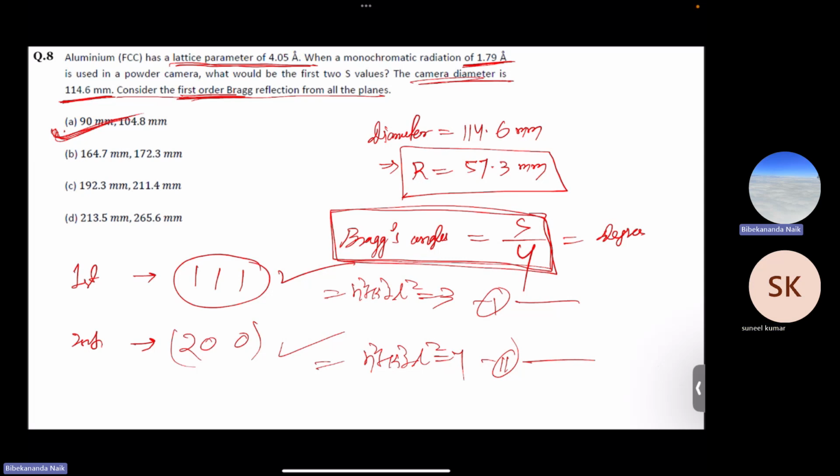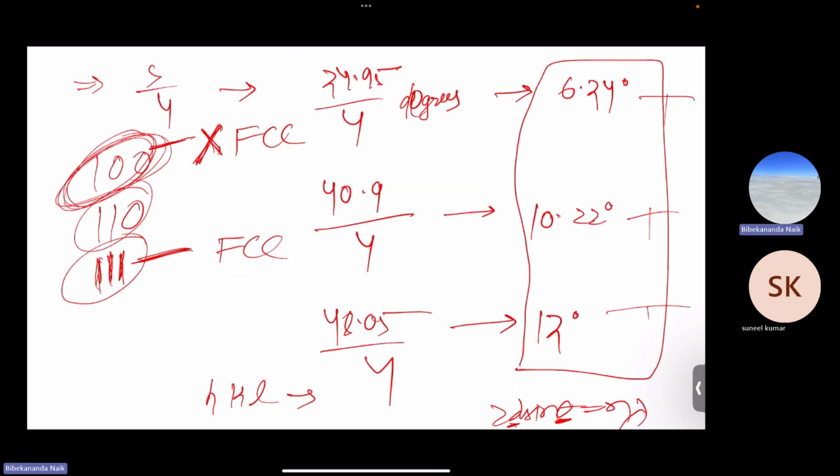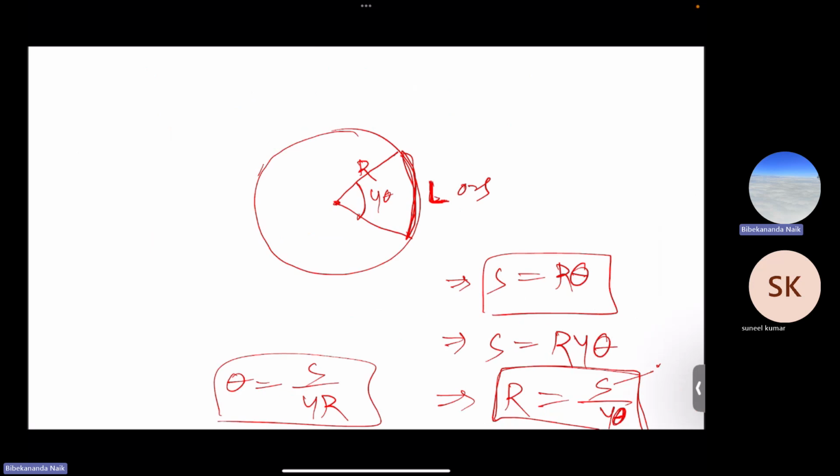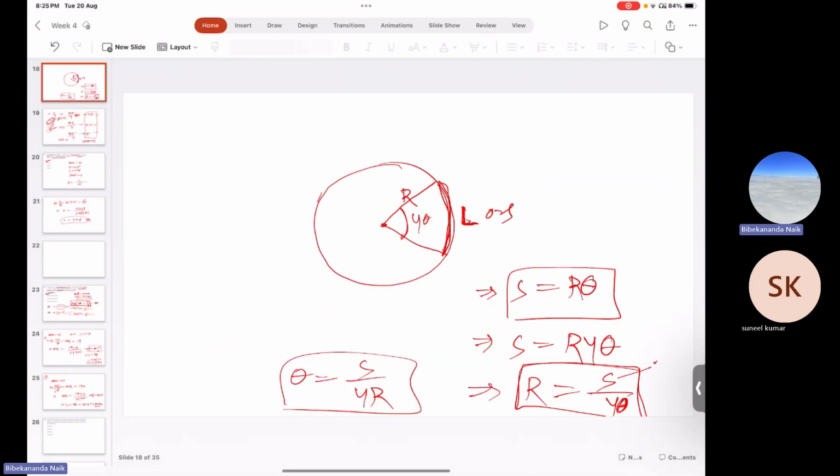Okay, so if you see, here theta is equal to S by 4R, is it not? Theta is equal to S by 4R. Is it correct, sir? So here this total theta, one minute.